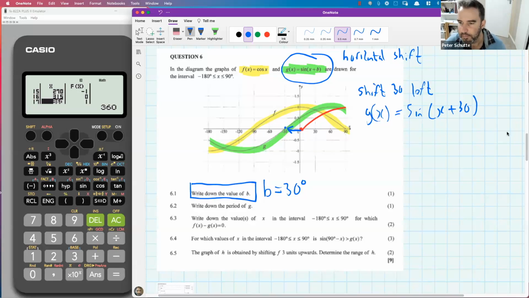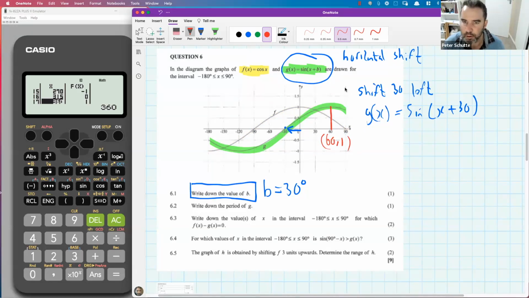Okay. But you can kind of see it, right? The other way of doing it would be to sub a point in, but that's a little bit harder, although not impossible. So what you could do is you could say, if you choose a point on the green graph, right? So if you look at this point here, that point is the point (60, 1).